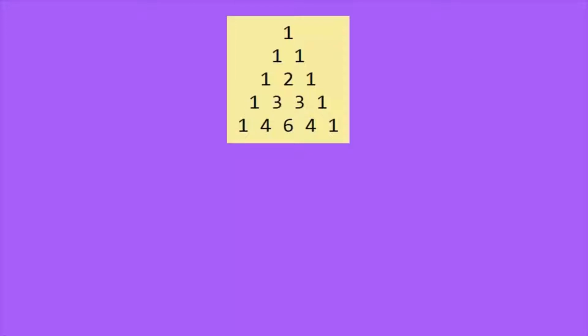For Pascal triangle, we will take 3 for loops, 1 outer for loop and 2 inner for loops. In the outer for loop, for rows, row is equal to 0, row plus plus. We want 5 rows, so condition will be row less than 5.